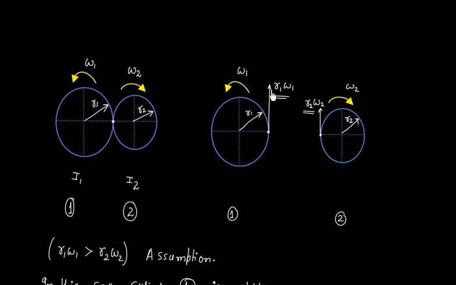So this point is moving, or slipping, in this direction. Friction force will be in this direction. Friction force is always opposite to the relative slipping. This point is slipping in this direction, so friction force will be in this direction. Now if I apply Newton's third law, on this cylinder friction force will be in this direction.